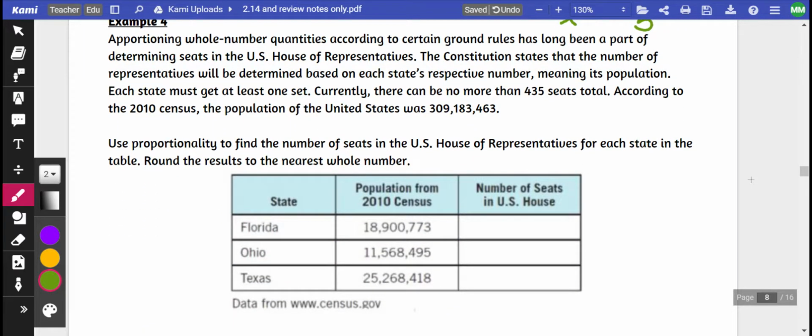Okay, looking at example 4. It says apportioning whole number quantities according to certain ground rules has long been a part of determining seats in the U.S. House of Representatives.